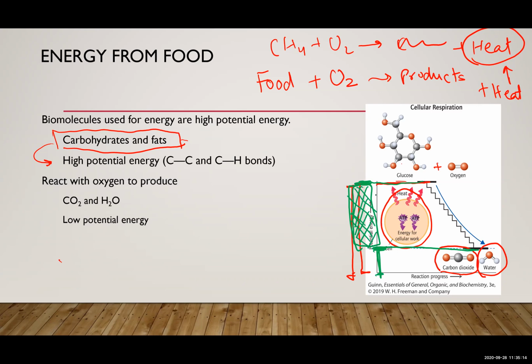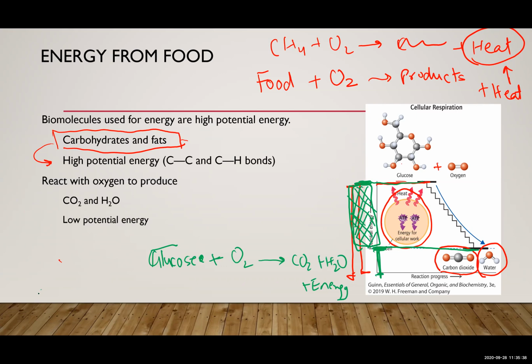So where does it come from? Glucose has extra, or high, energy stored in it. That energy is liberated when glucose combines with oxygen. Carbon dioxide and water are formed, plus extra energy comes out, and that energy is available for your body.